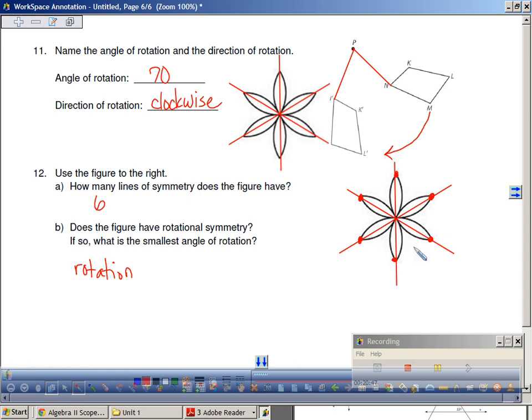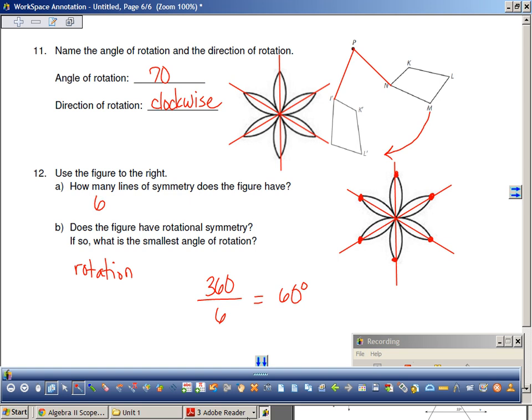Vertices is the plural form of vertex. So it has 6 vertices, therefore 360 divided by 6, which is 60. Because you put rotational, you probably got partial credit.